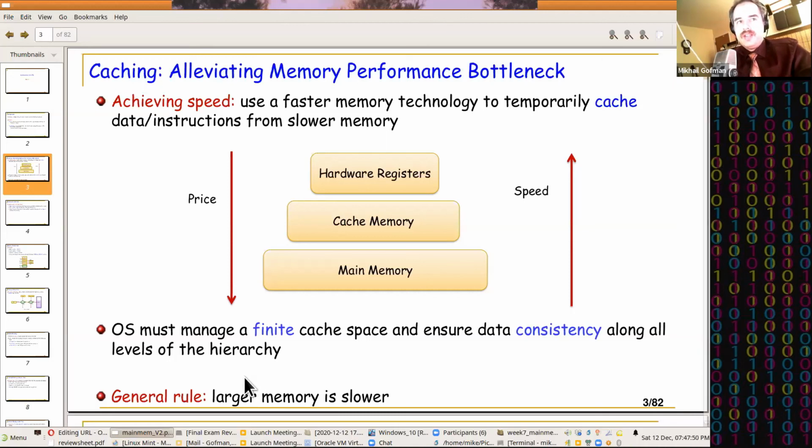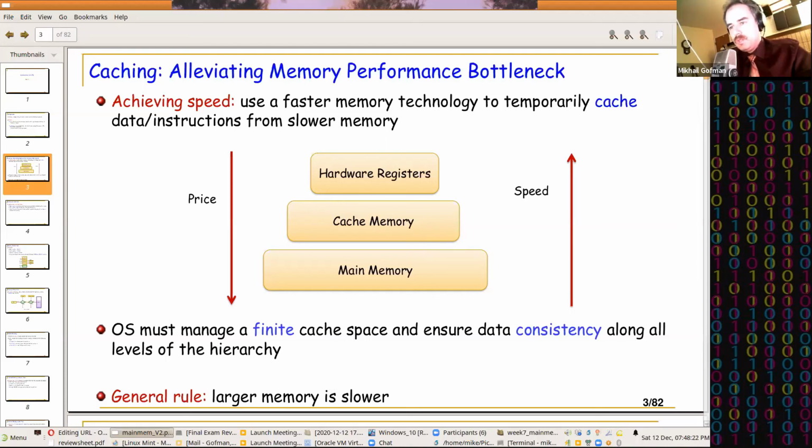Once again, I think a loop is a good example, because if I have a loop control variable, for int i equals 0, i is less than 100, i plus plus, well, that loop is going to repeat 100 times. So if I access the variable i, I'll be accessing it again pretty soon. Those two principles drive the decision of what to cache, where and when. So I want to cache things that exhibit spatial and temporal proximity.